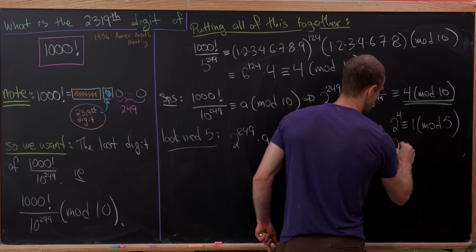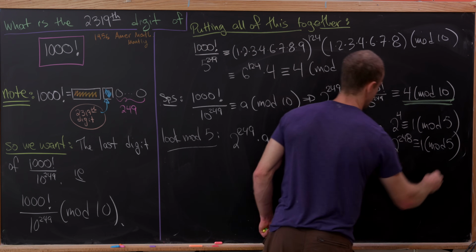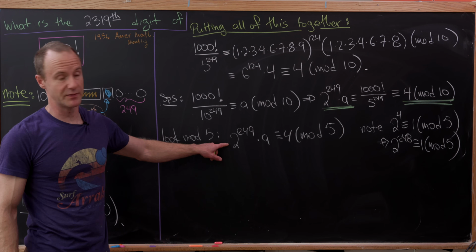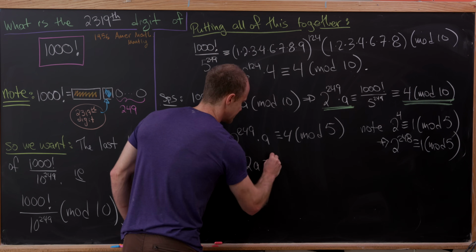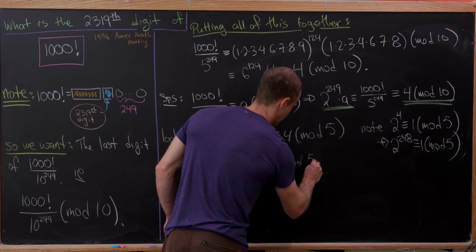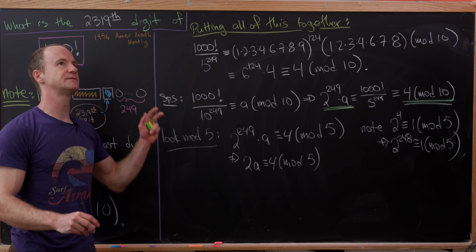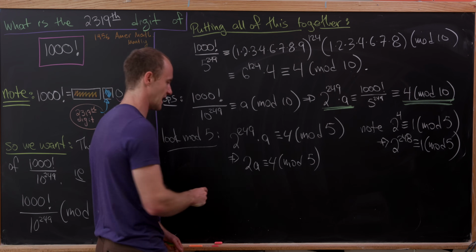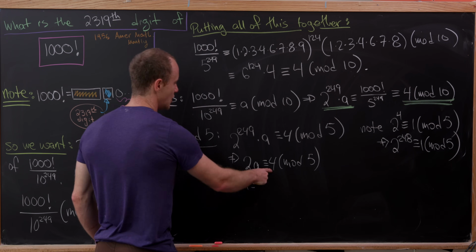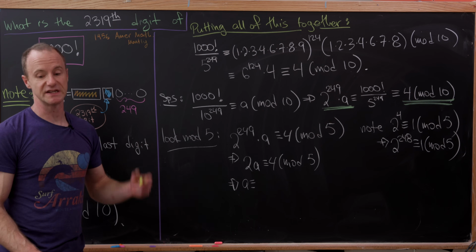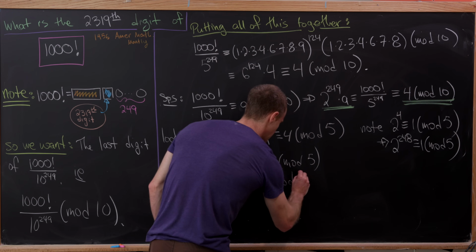So that means that 2 to the 248 is also congruent to 1 modulo 5. But if you multiply just another copy of 2 on there, this congruence turns into 2 times a is congruent to 4 modulo 5. And now we just have to multiply by the inverse of 2 mod 5, which is 3. That's because 2 times 3 is 6, and 6 is 1 mod 5. So multiplying both sides by 3, we'll get a is congruent to 3 times 4, which is 12, but 12 is 2 mod 5.